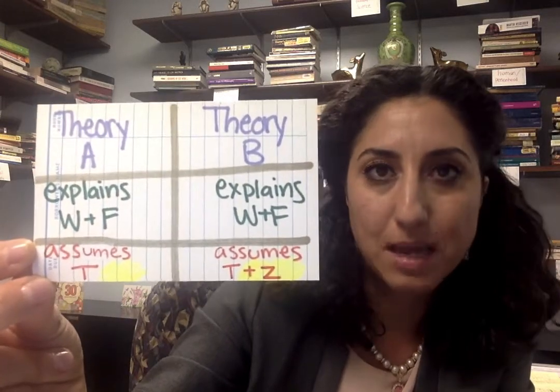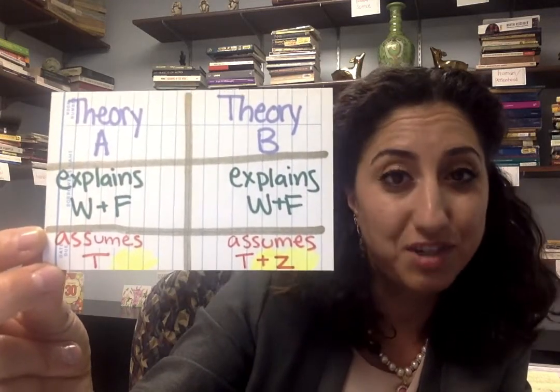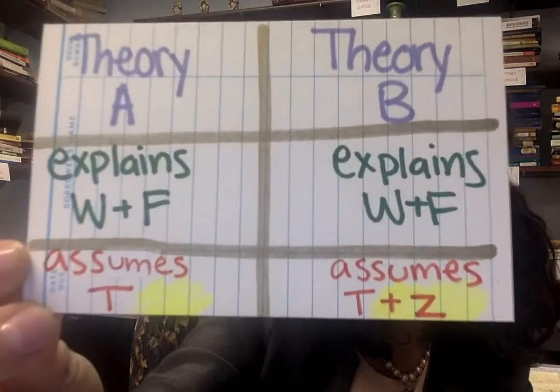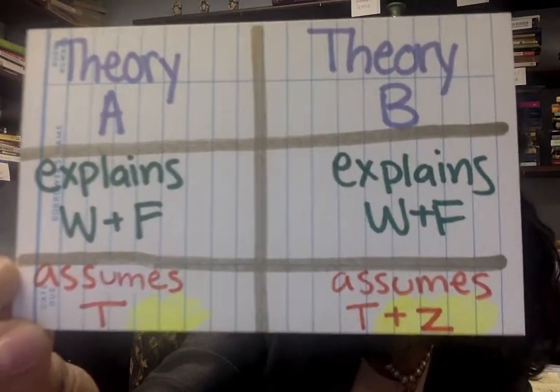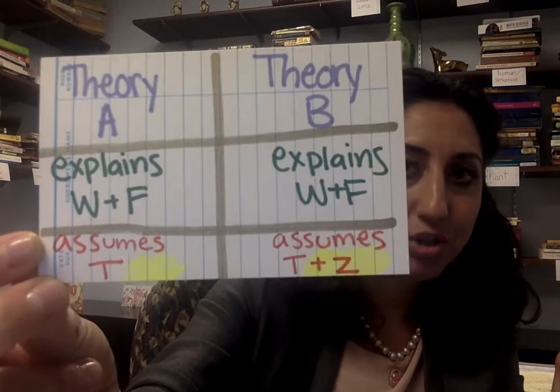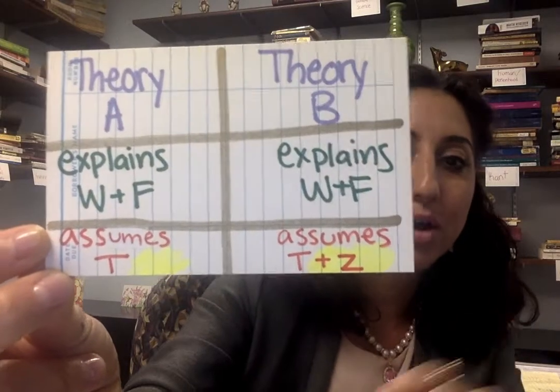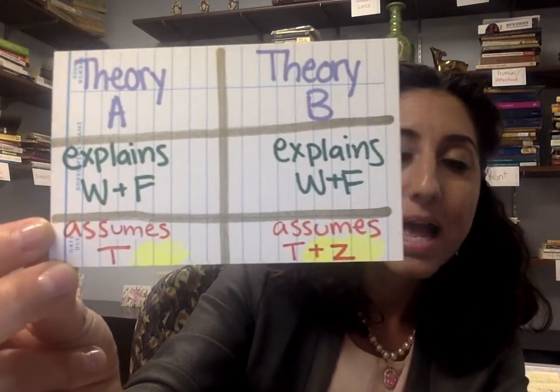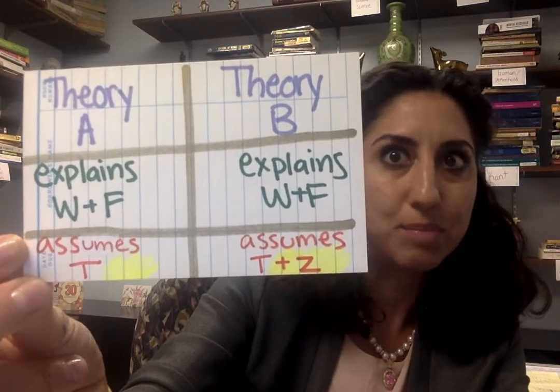But if you want to accept theory B, you not only have to assume T, you also have to assume Z. So William of Occam's razor, or just Occam's razor, would tell you that in this case, theory A is what you should accept because it's based on fewer assumptions, and so that's why you should pick it.